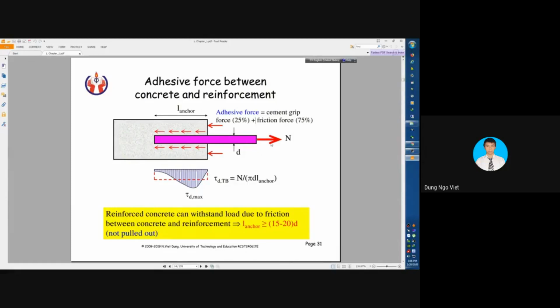And we have a tensile force here, and we can calculate the stress diagram of the friction.